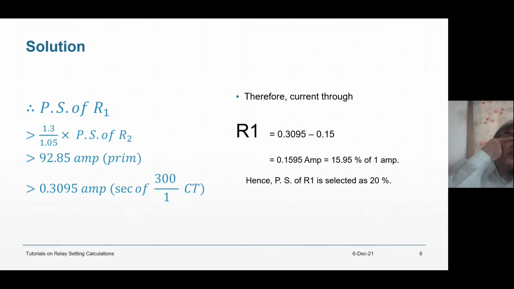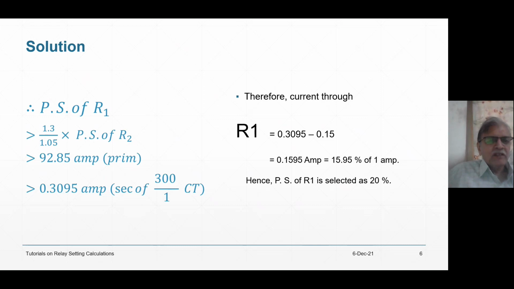PS of R2 is 10%, so 0.1 plus 0.15, that is 3 times 0.05 added, so that gives me 0.25. 0.25 in primary, with 300/1 CT, will be 75 ampere, and 1.3 divided by 1.05 of 75 will be 92.85 ampere in primary terms. And if I go to secondary, 300/1, because R1 is also 300/1, CTs for R1, R2, R3, all the three CTs are 300/1, so it takes me to 0.3095, right?